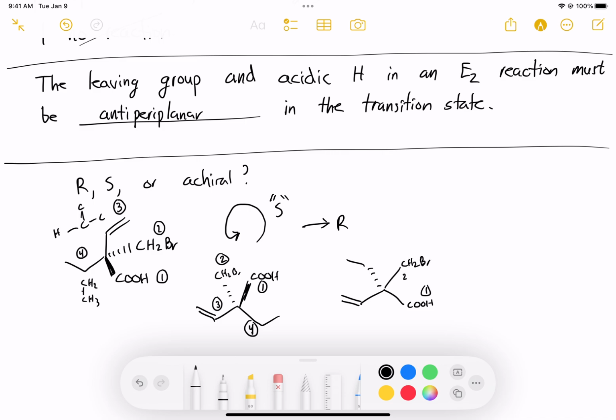One, two. No, it still looks like S to me. Does it still look like S? It still looks like S to me. Why is that?